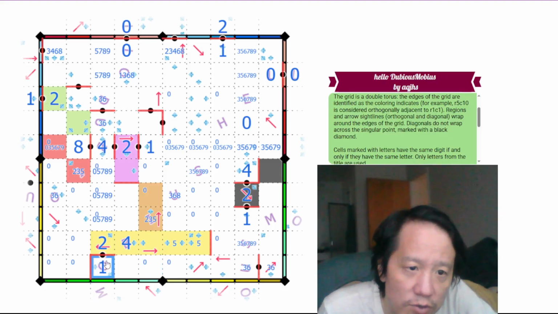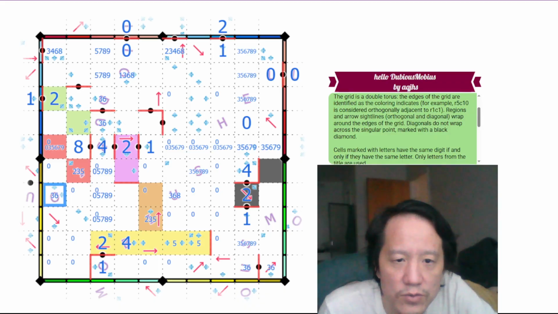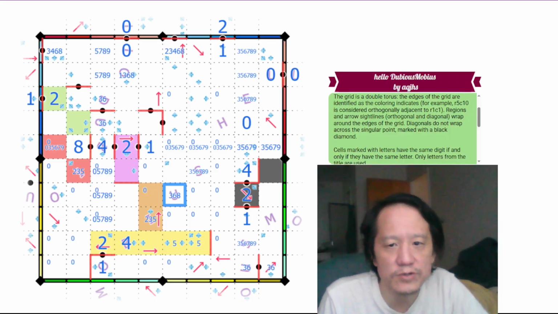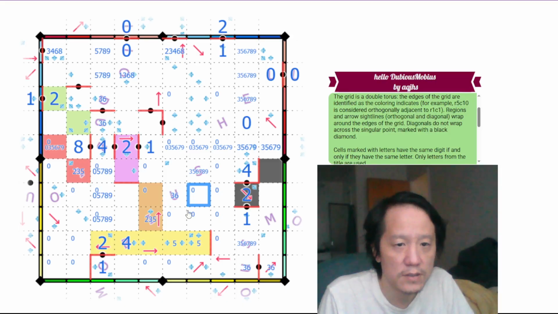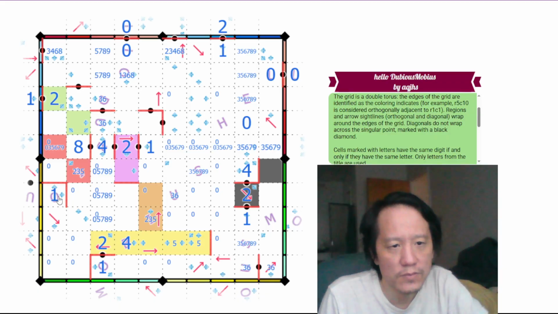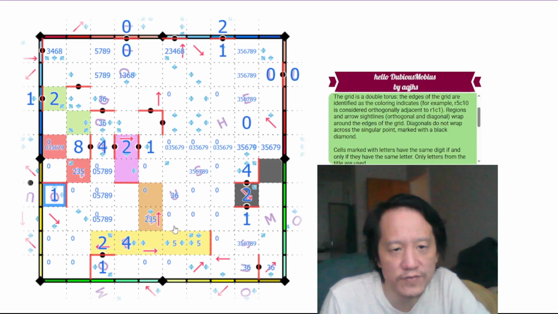O is the 1. Oh, wait, this is not U. Okay. Right, this is 3 or 6. Here. This has to be 1 then, which means these are borders. Because it sees only itself.